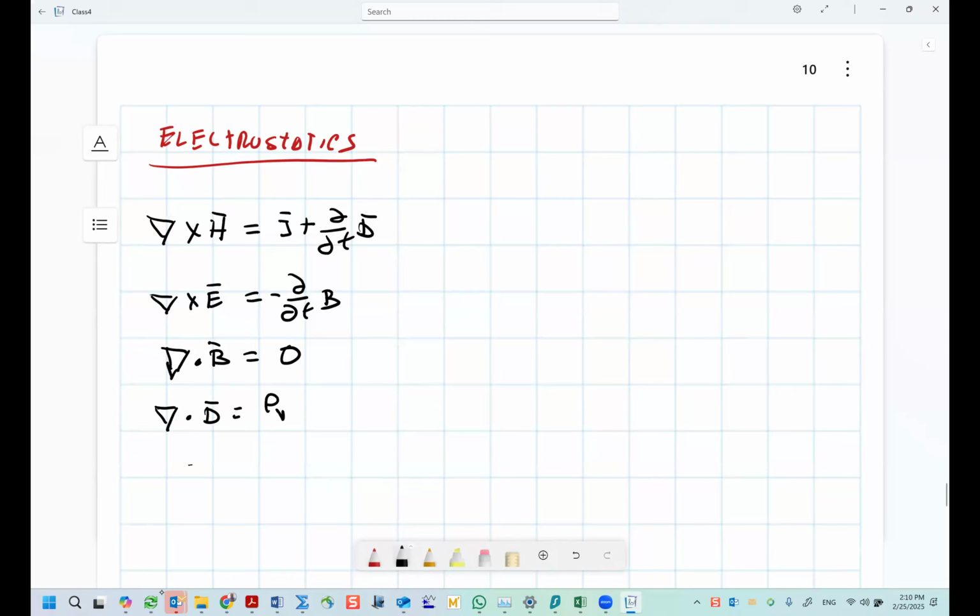And we never forget about J equals sigma E, and D equals epsilon E, and B equals mu H.